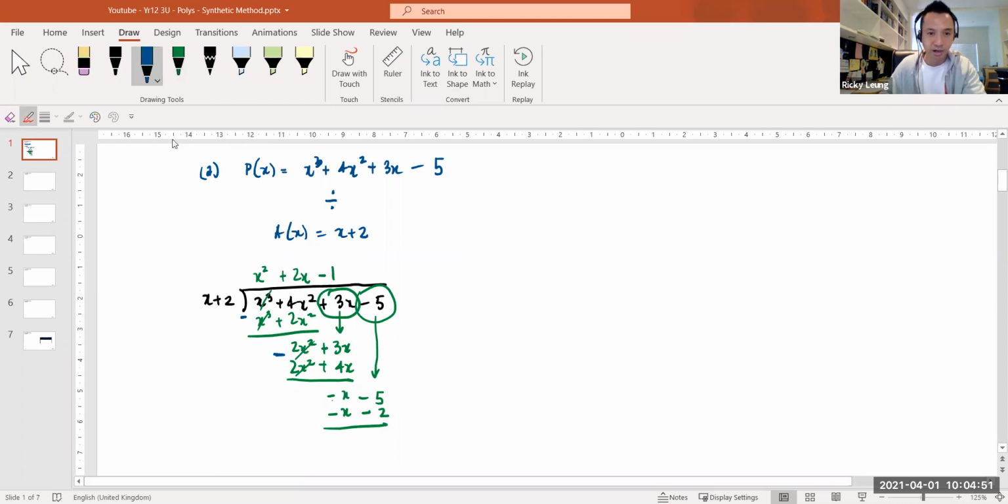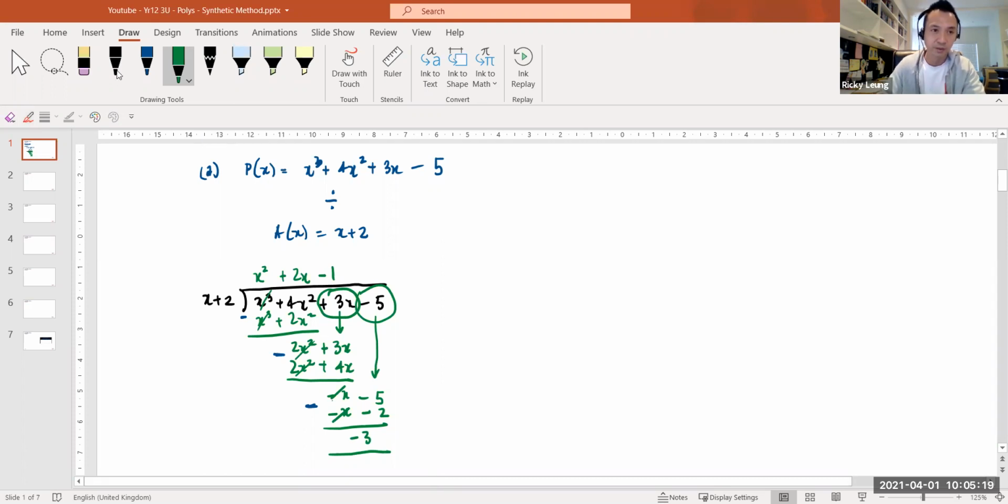Once again, subtract that. Now be careful here because there are a lot of negatives. Negative x minus negative x goes away. Negative 5 minus negative 2 is negative 3. And that is my remainder. Basically, if you get to a point where the power, or to use the technical term, the degree of your expression is smaller than the degree of your divisor, you stop.